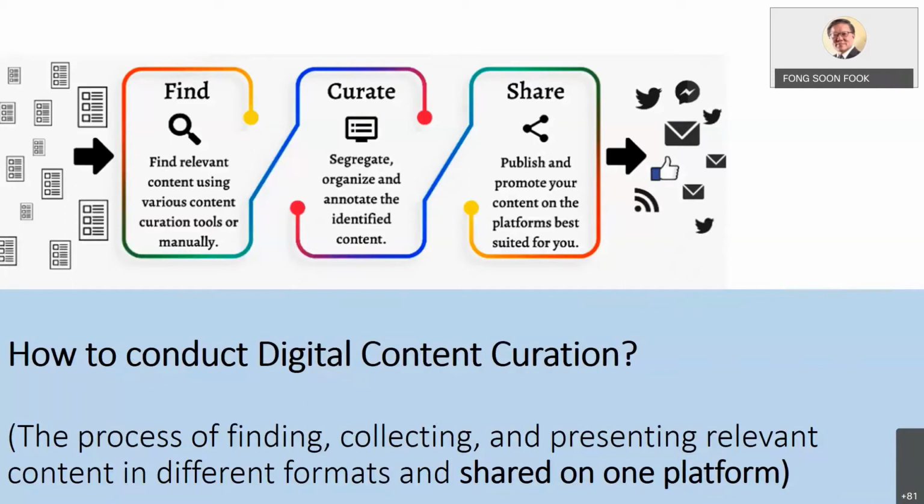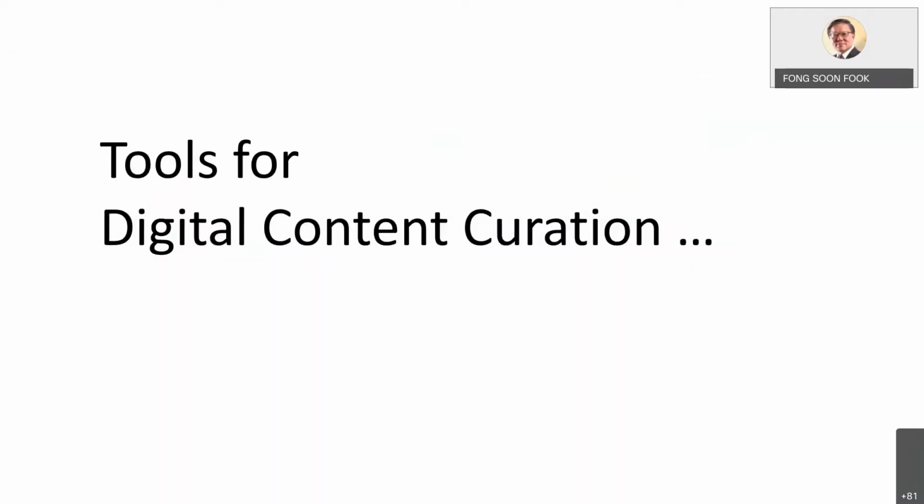Then you curate, collect, segregate, organize, and annotate the content. Now, you put it into one place to share. So you publish and promote your content on the platform that is best suited for you and, of course, for your students. Next slide, please. So this is the science of it.